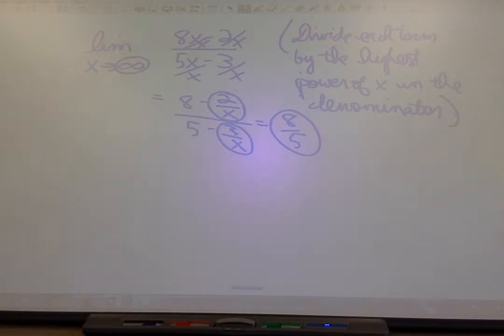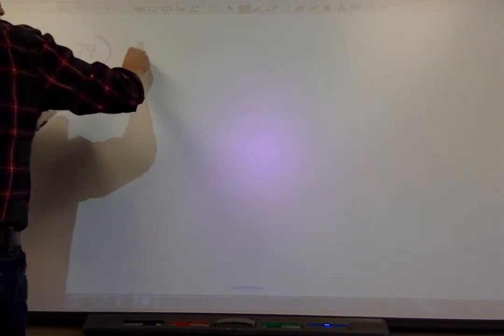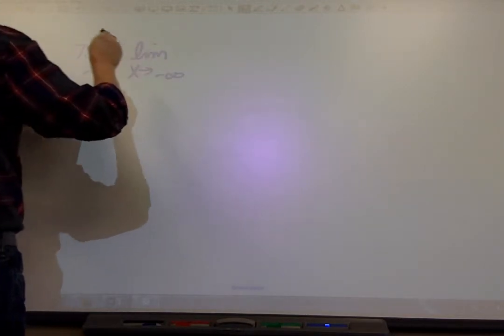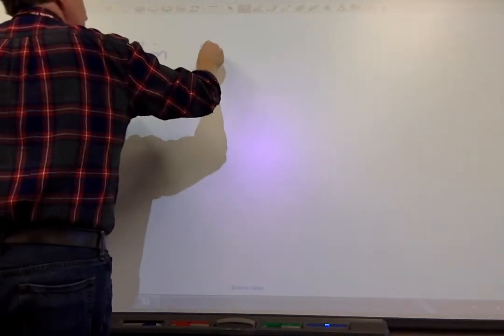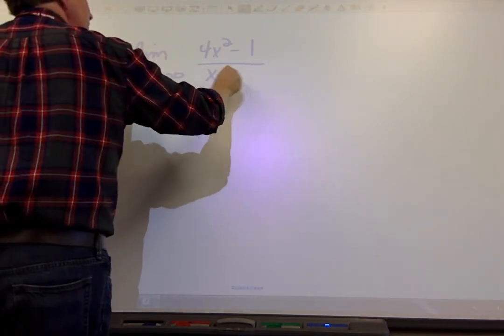Now, the reason I showed you that one first, I want you to try 74 using the same idea. Look at 74 on page 113. 74 says the limit as x approaches negative infinity of 4x squared minus 1 over x plus 2.